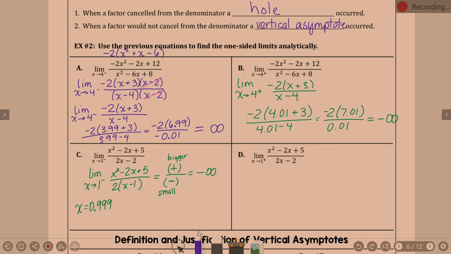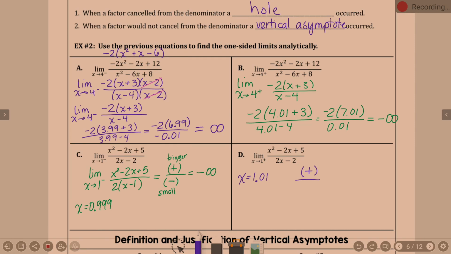Okay. This would be going to 1 from the right. What changes? Plug in something like 1.01. The top is still going to be a positive, and that's a number that's going to be getting larger and larger.